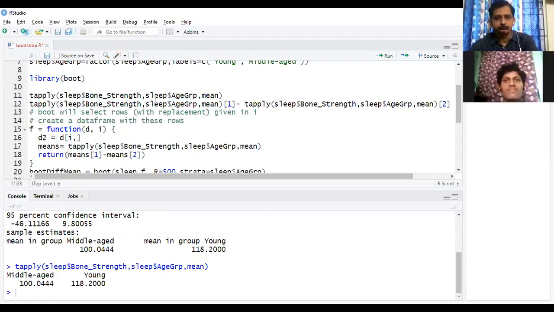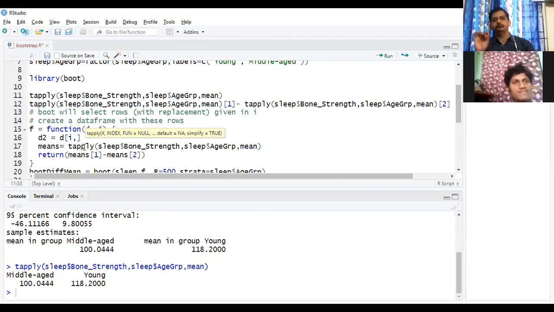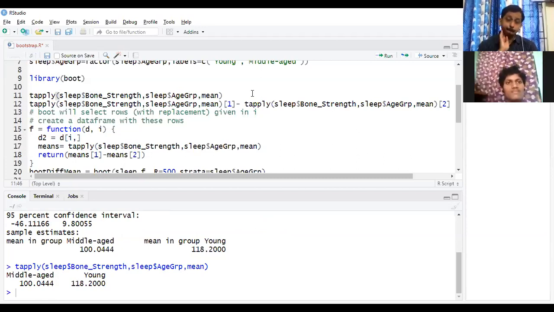Now, what process are we trying to do here? Look at the hypothesis. What is the hypothesis we use? The average bone strength.